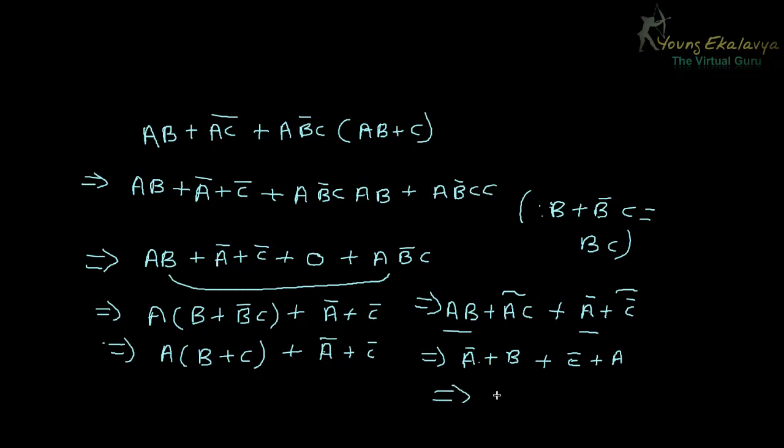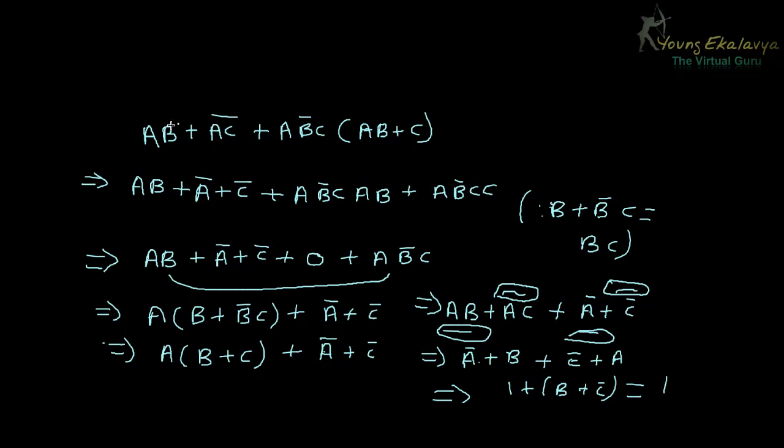So finally this gives us A plus A complement, which gives 1, plus B plus C bar, and finally this gives 1 because 1 plus anything gives 1. Remember, this is not a complement, to represent it I have marked it here. This is not complement, okay? Even here. So we have taken this as one pair and this as one pair. We have simplified it. Finally, we got the answer as 1.